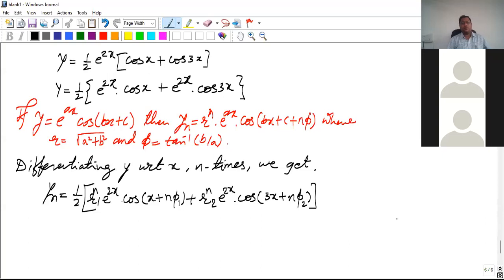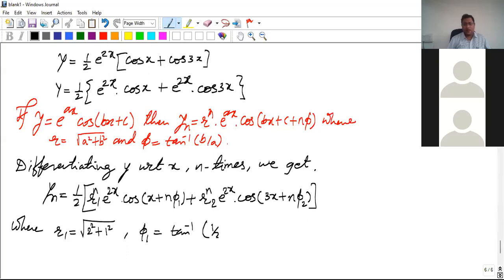Are you getting this one? Yes, sir. Because for this term you will have r1 and phi 1, and for this term you will have r2 and phi 2. Now you have to write where r1 is equal to square root of 2 square plus 1 square, root 5. phi 1 is equal to tan inverse of 1 by 2.